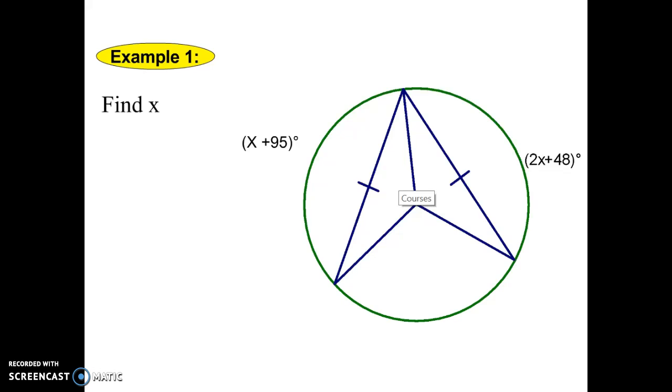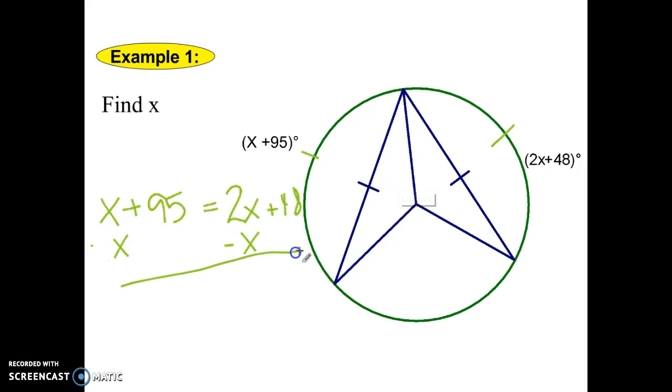All right, hopefully you've had a chance to work on this problem. We have x plus 95 equals 2x plus 48. We know those are congruent because the chords are congruent. Those chords are congruent means these arcs are congruent. We subtract x from both sides: 95 equals x plus 48.